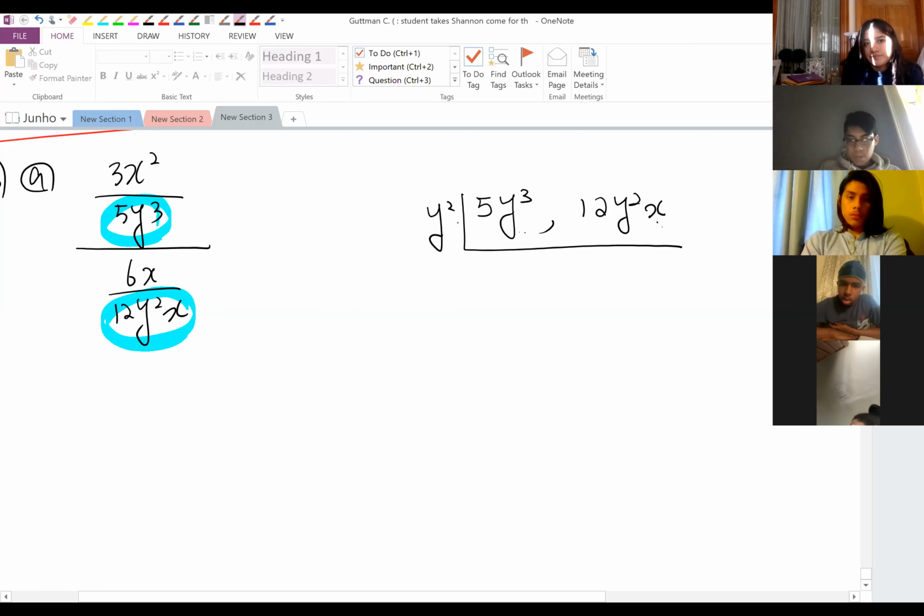Then this becomes 5y and 12x. Okay, let me ask you: if you don't understand how we got 5y and 12x, just speak up so I know you don't understand yet, and I can go over it in more detail.